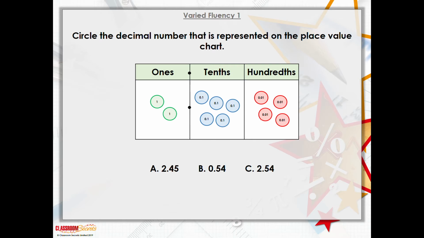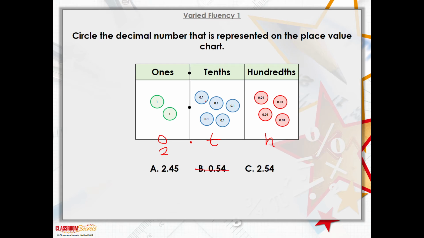Right, let's have a look at task 1. It says circle the decimal number that is represented on the place value chart. So I have my ones, I have my decimal point, I have my tenths, and I have my hundredths. Now I have 2 ones. So if I look at my answers straight away, I can eliminate B because that's got 0 ones.